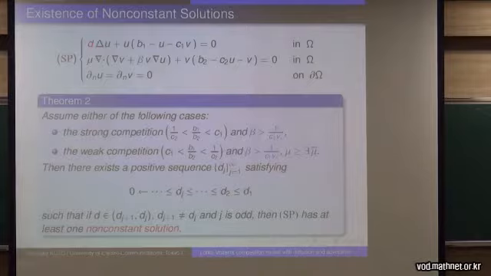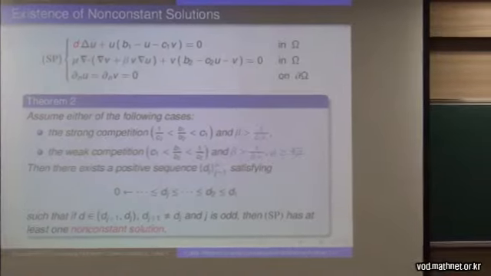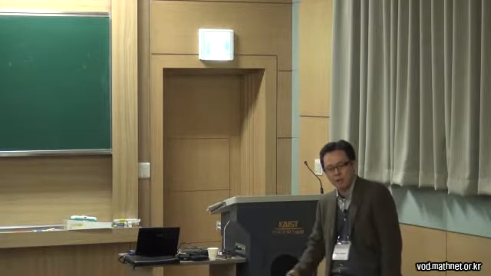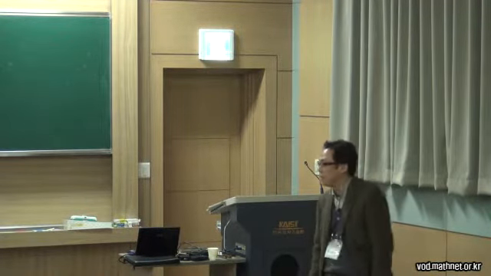This theorem can be obtained by using a kind of degree theory. So this odd number condition comes from the index formula by Leray and Schauder. And this D_j depends on the j-th eigenvalue of minus Laplacian with the homogeneous Neumann boundary condition.